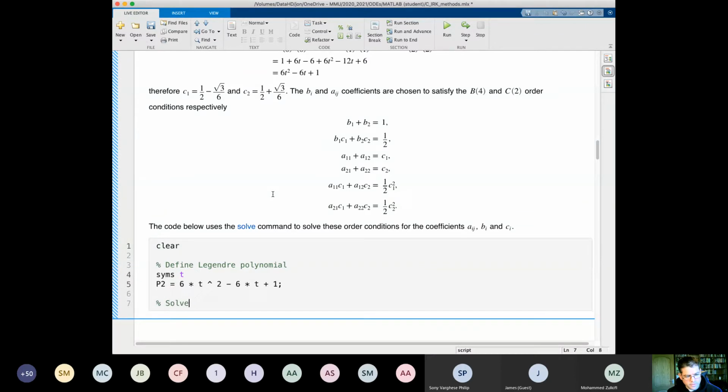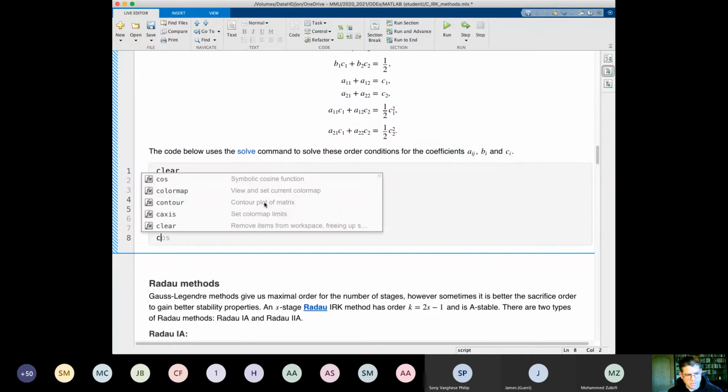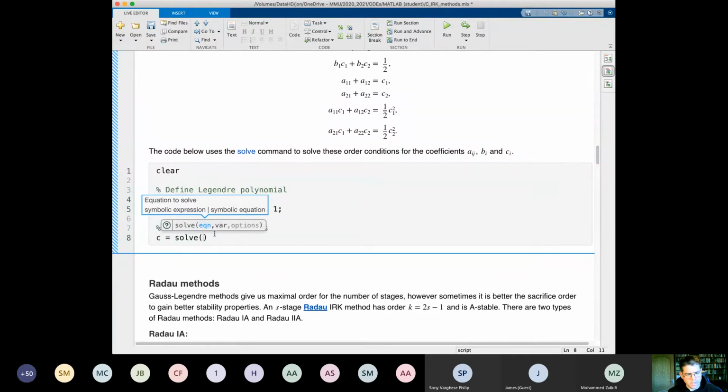Okay, so if I solve for the C values, quite easily you could just say C equals solve, and in the brackets I'm going to say P2 equals 0. Okay, so I've defined my Legendre polynomial and called it P2.